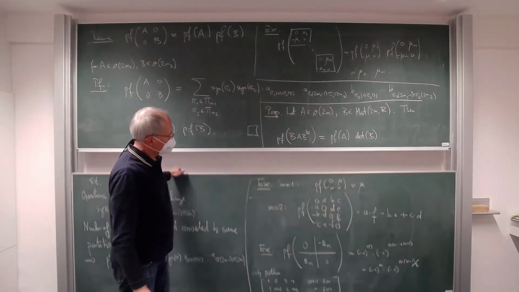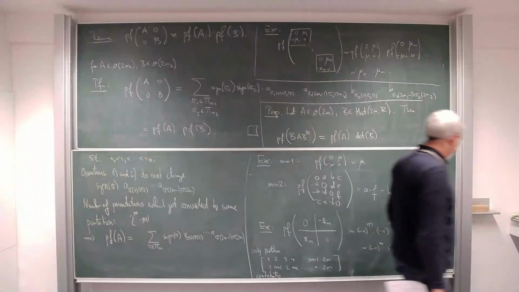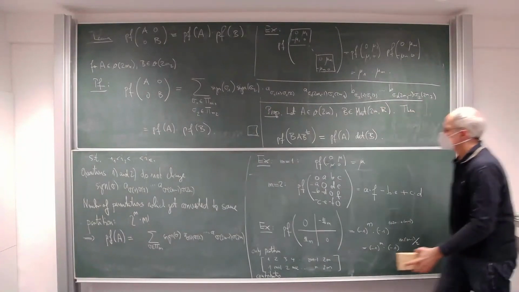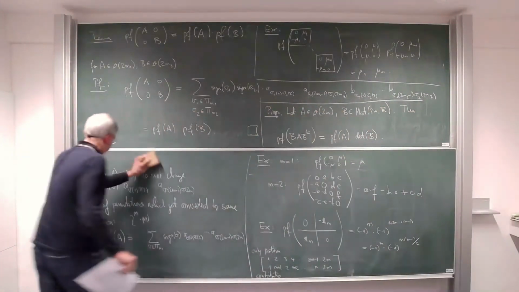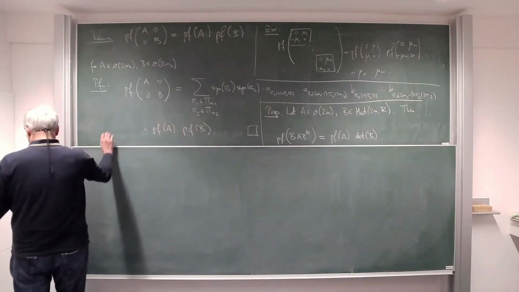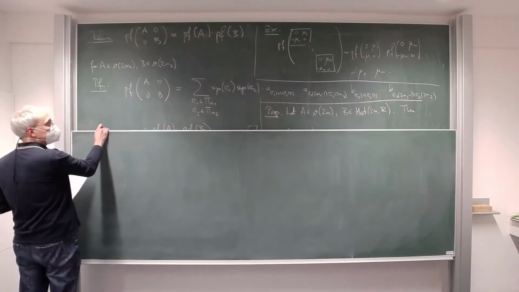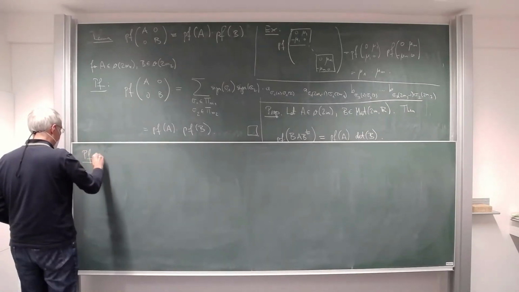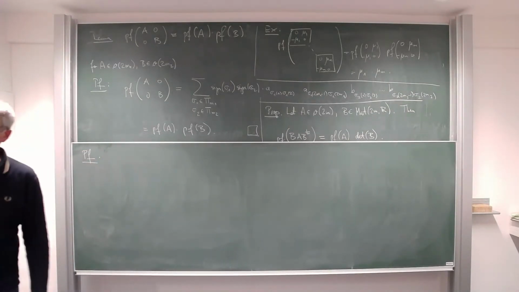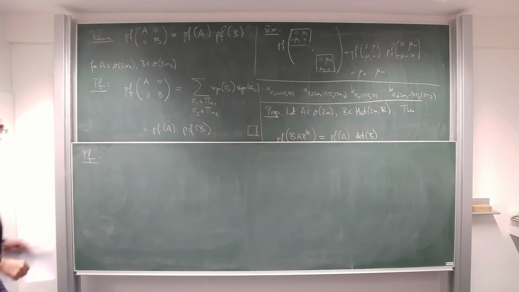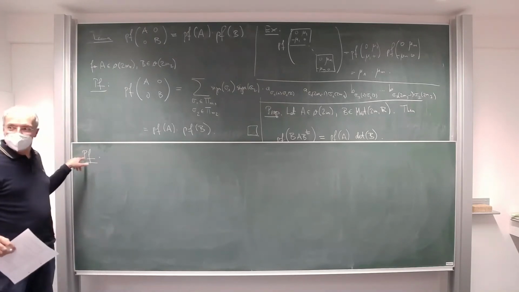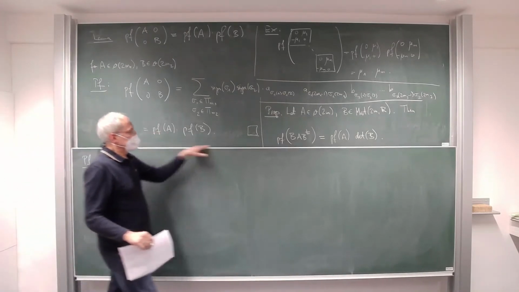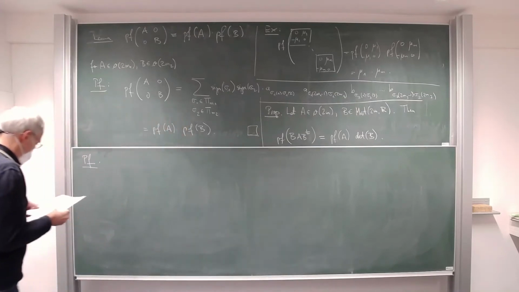Okay, so let's see why that is true. Proof. PF sometimes stands for proof and sometimes for Pfaffian. So capitalized it stands for proof and small letters it stands for Pfaffian.